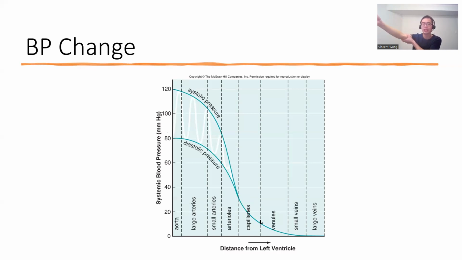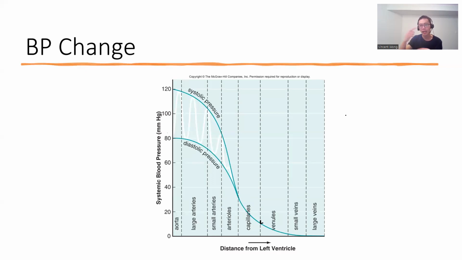That's like taking the pressure in the brachial artery. That's a pretty large artery, which is why the number is very, very close to the true value. It's like straight from the heart. So the higher number is when the heart is contracting, and the lower number is when it's relaxing.